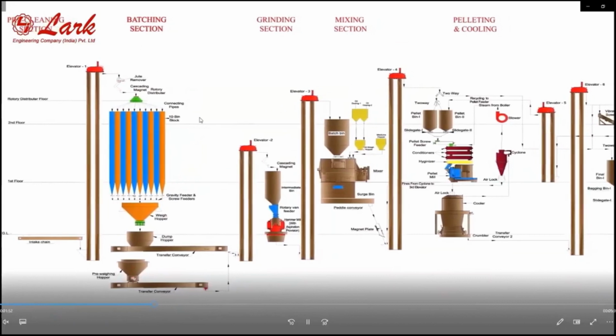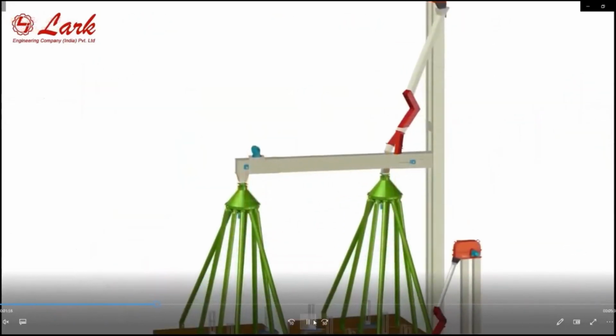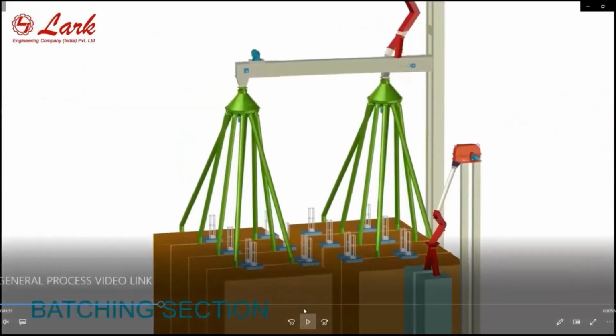Then comes the batching section. Then this is the batching section. These are the rotary distributors, a very important part in the feed industry.